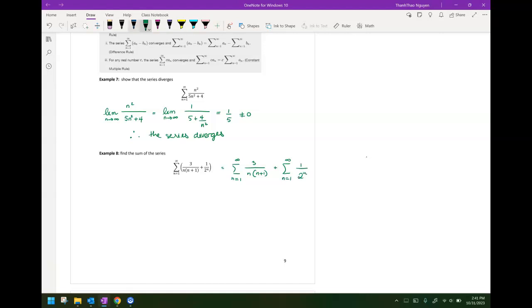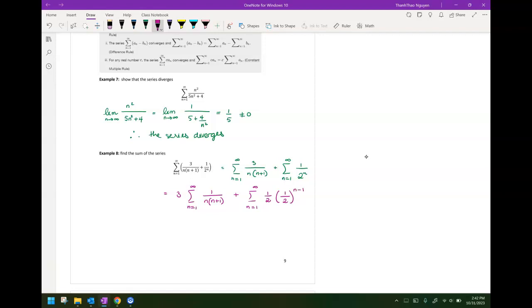As we do this, I can go ahead and factor out a 3 for the first sum. And the second sum is a geometric series.